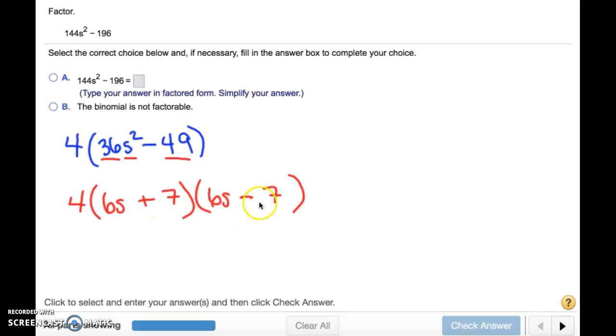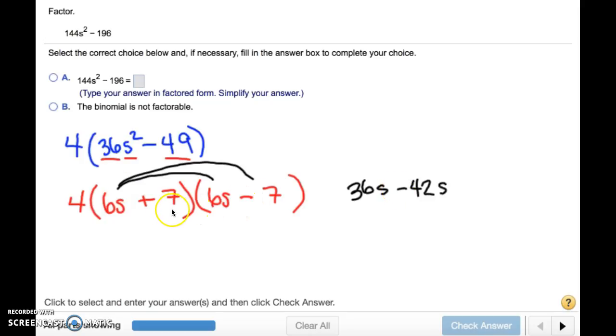Now you might be kind of confused on how I knew all of this. So let's talk about if we had this problem a couple chapters ago last semester and we were asked to multiply it out. Well, I would take 6s times 6s and get 36s squared. And then I take 6s and multiply it by the negative 7, so that's negative 42s.